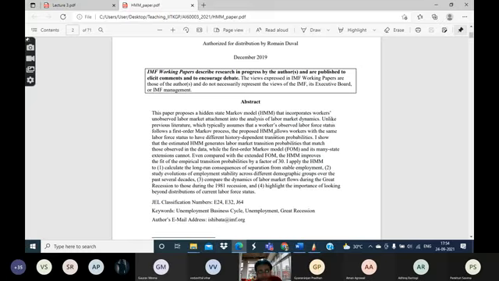So what are they saying? Unlike the previous literature, which typically assumes that a worker's observed labor force status follows a first order Markov process, the proposed HMM allows workers with the same labor force status to have different history dependent transition probabilities.